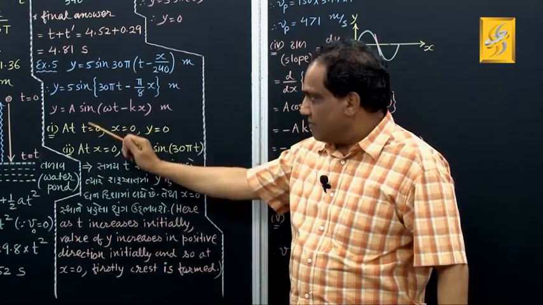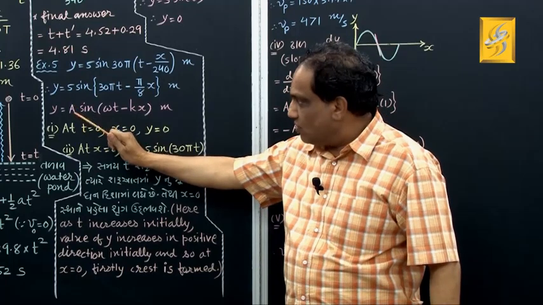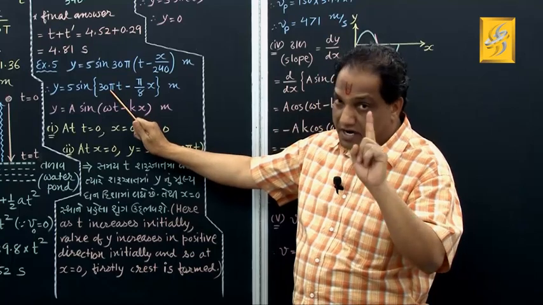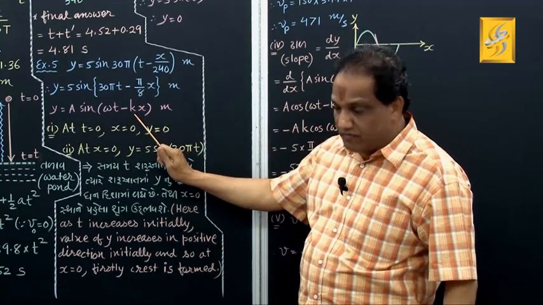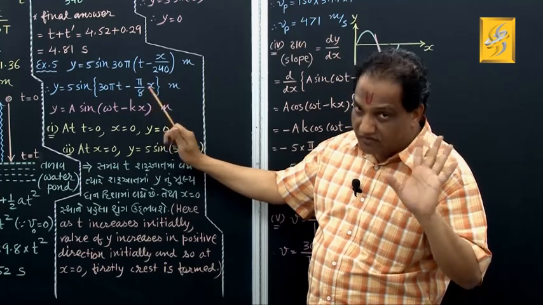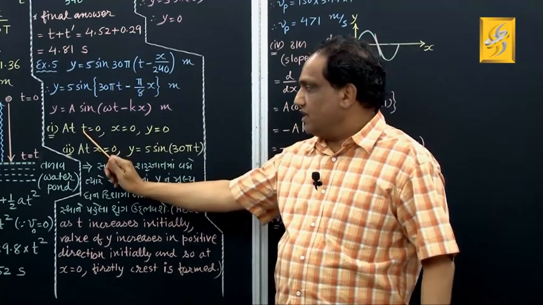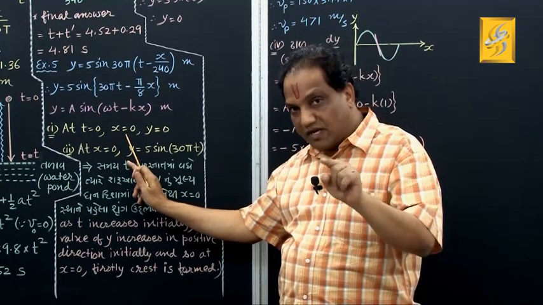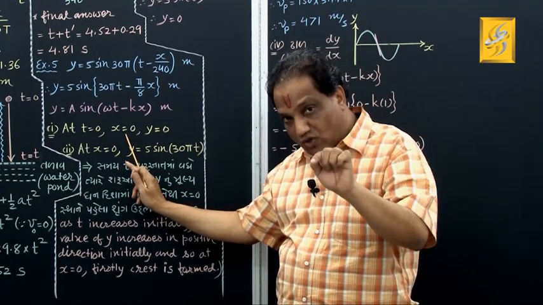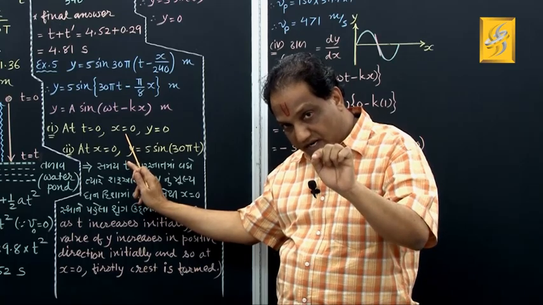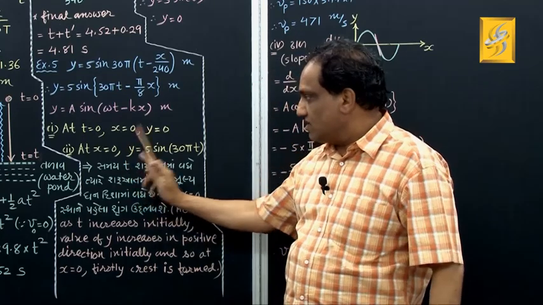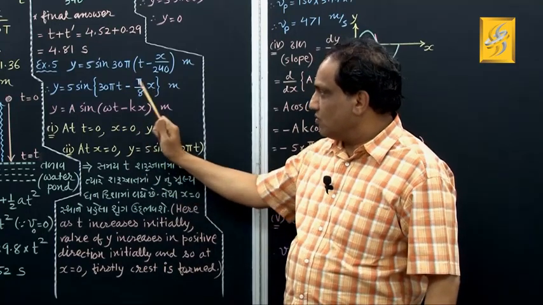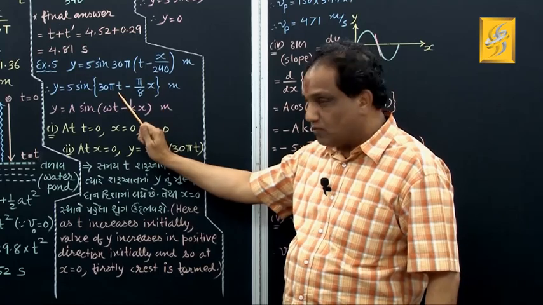Fine. Now just compare. When you compare, you will get amplitude 5 meter. Omega, angular frequency, 30 pi radian per second. k, wave vector of the wave, pi by 8 radian per meter. Wait. Now, when you take time t equal to 0, that is the beginning moment, and you are talking about the particle located at the source of the wave, the very first particle at the origin, then you can put x equal to 0 and t equal to 0.